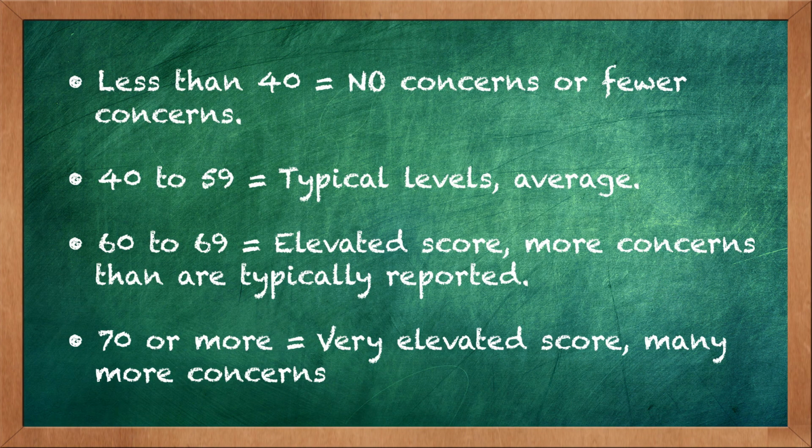The difference with this score is that the higher the score, the more difficult the area. For example, less than 40, no concerns or fewer concerns. 40 to 59, typical levels, average. 60 to 69, elevated scores, more concerns than are typically reported. 70 or more, very elevated scores, many more concerns.